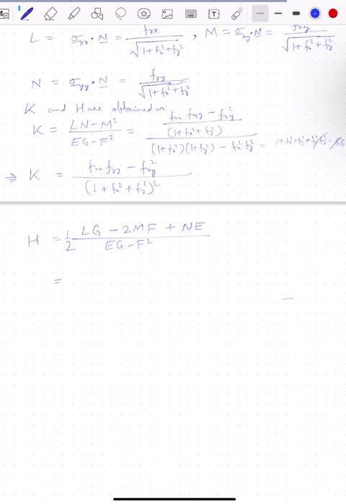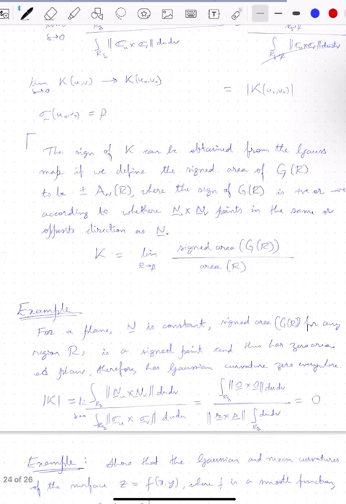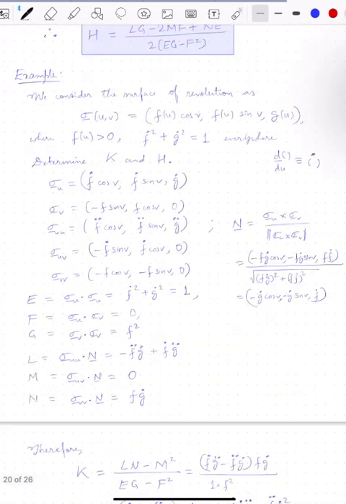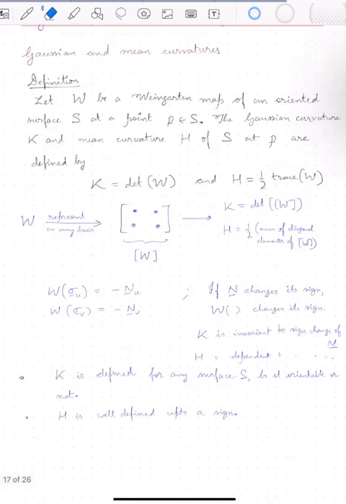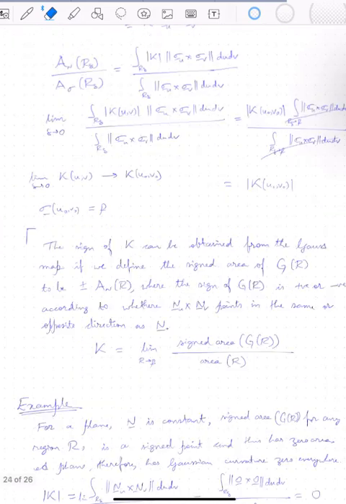So let's now move on to understanding what the principal curvatures of a surface are. Before, we had just discussed Gaussian and mean curvatures. So now we talk about principal curvatures.